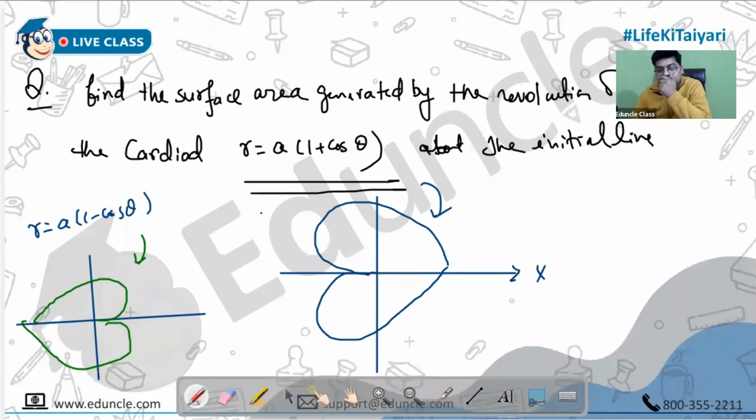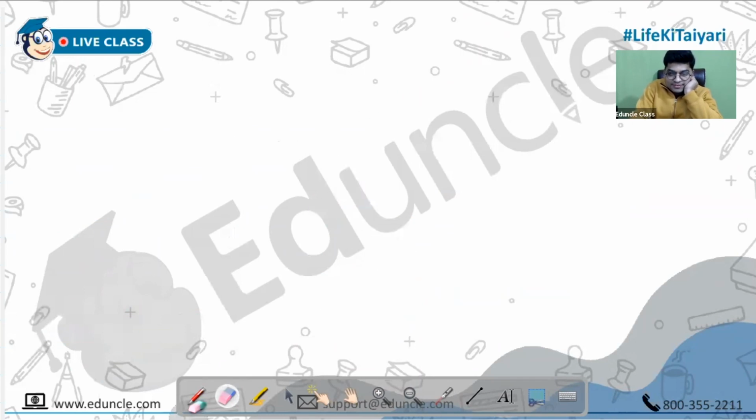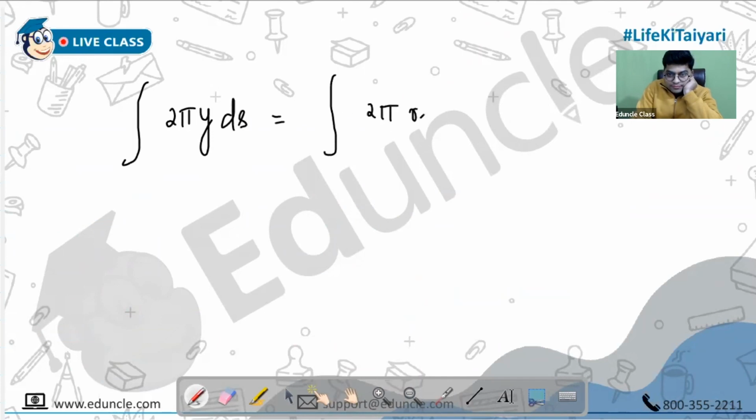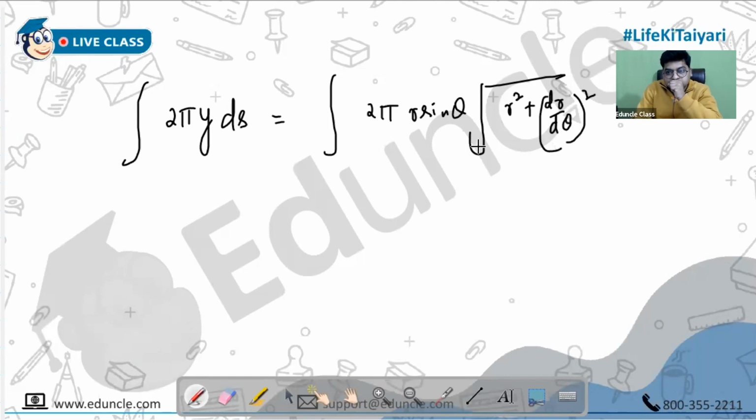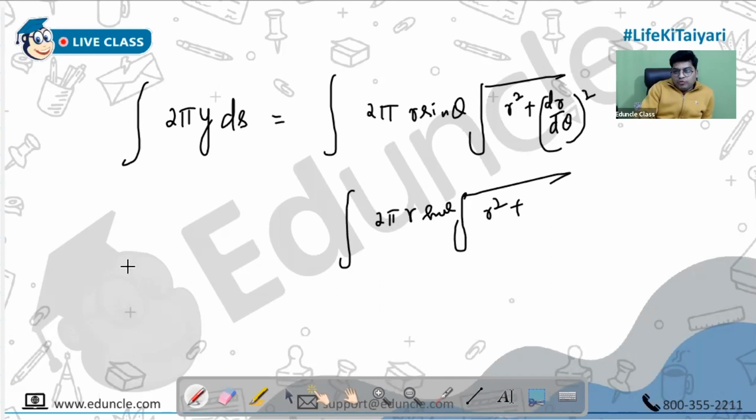Okay, tell me one more thing. You will write down 2 pi y, where y is equal to r sin theta, 2 pi y ds. dr by d theta is whatever you will get, I don't know whatever you do.